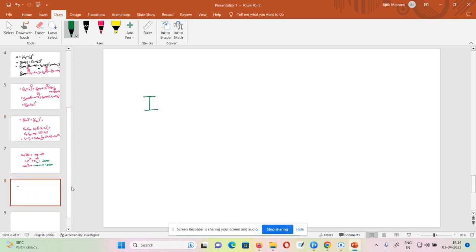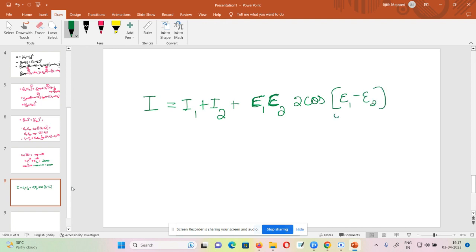So your total intensity you can write as I1 plus I2 plus E1 E2 into 2 cos of epsilon 1 minus epsilon 2. This epsilon 1 minus epsilon 2 is actually the phase difference. You can write it as delta. E1 E2 I can write as square root of I1 into square root of I2.